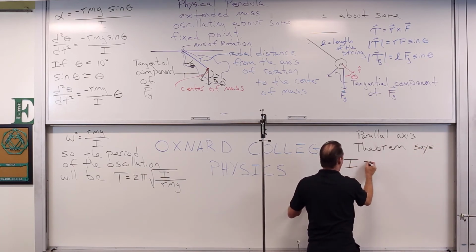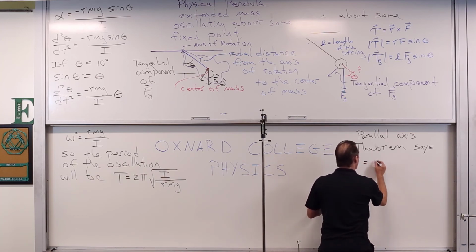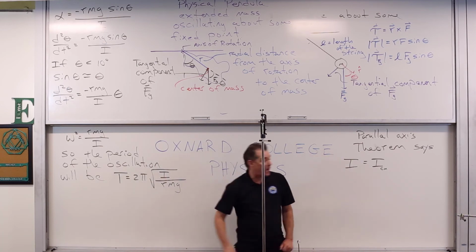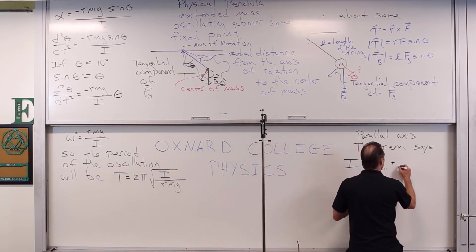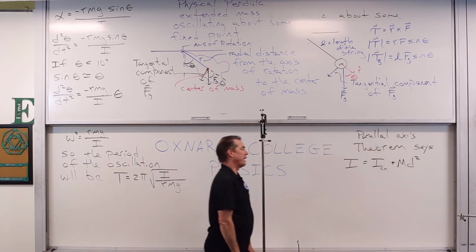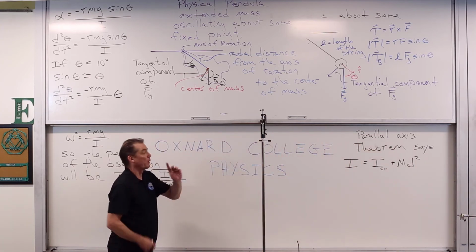The moment of inertia of an object is equal to the moment of inertia relative to the center of mass of the object plus the mass of the object times d squared. It's often how it's written.